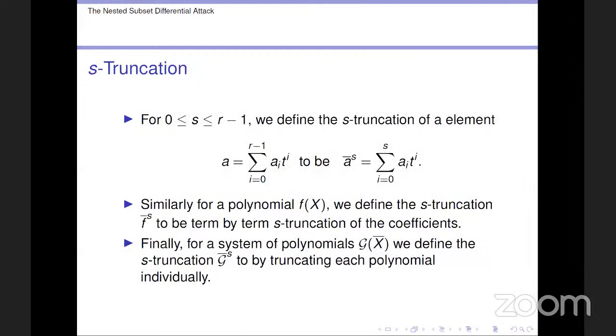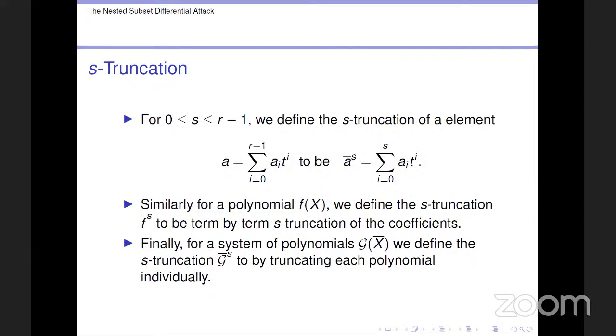And we'll just introduce some notation here quickly, and that is that we'll always truncate the powers of t that we're dealing with, which means if I have just an element of the finite field, I raise this bar s over top of it, I only go to the powers of s.